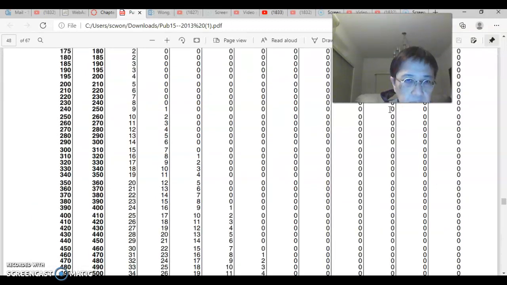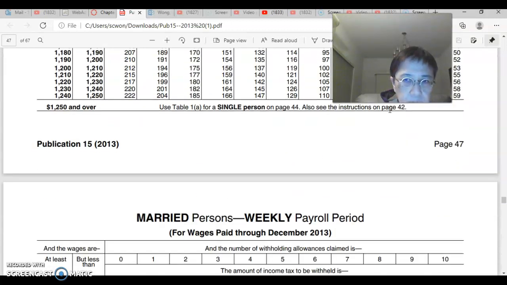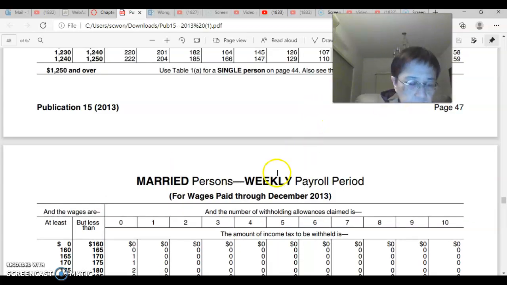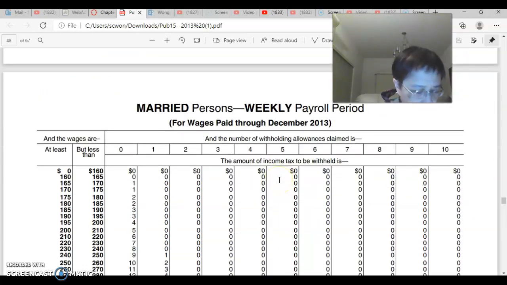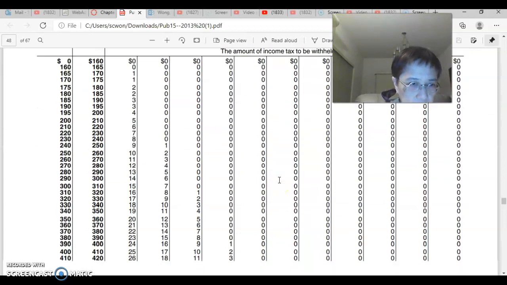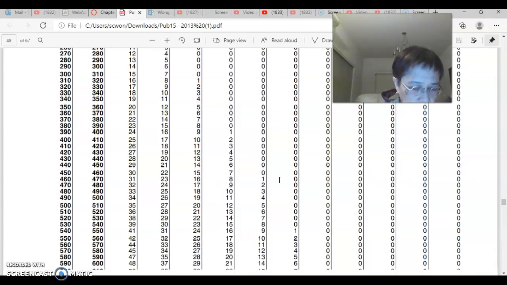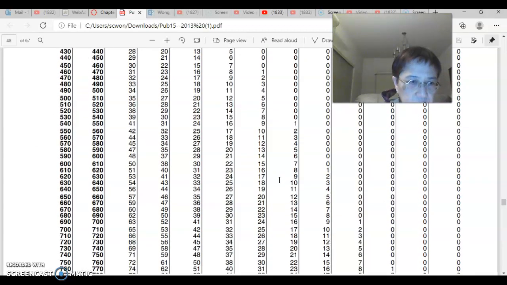Stacy is married with 3 allowances, and she made $611.15. $611 is at least $610. So it's this line here, and her allowances are 0, 1, 2, 3, so it's $23 withholding.